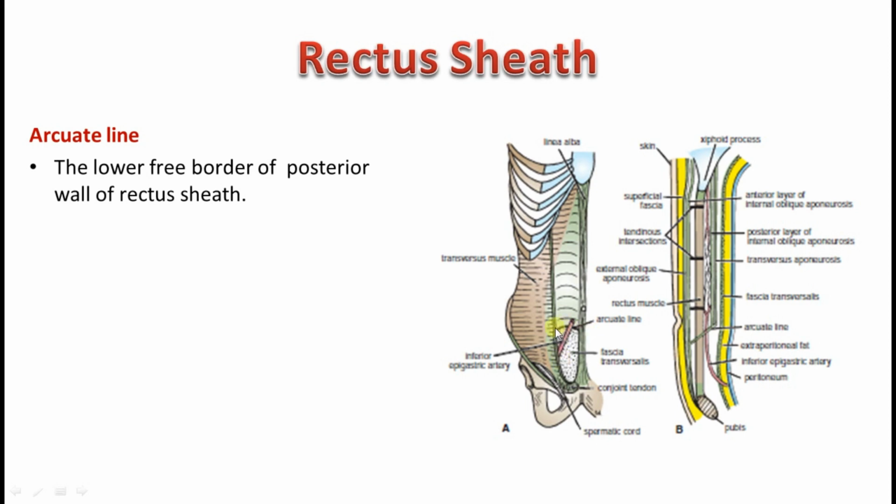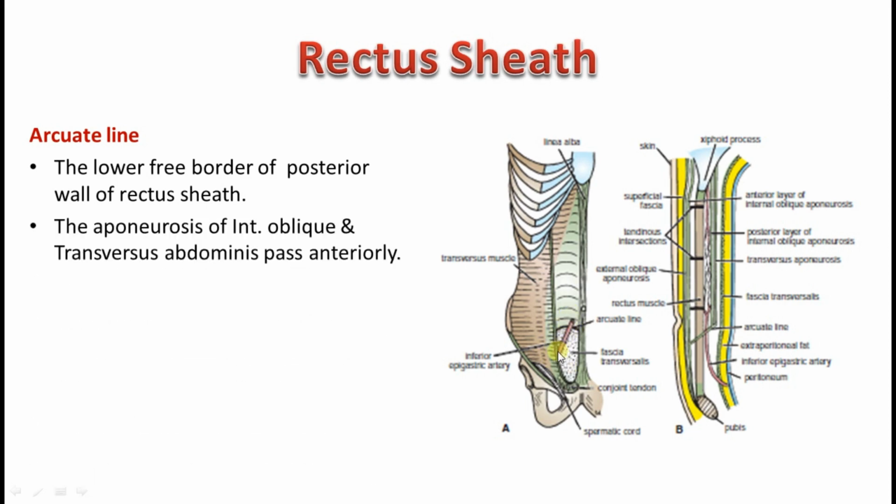This is actually your arcuate line, and it is crossed in front by the inferior epigastric artery. Okay, inferior epigastric artery. So both these aponeuroses pass anteriorly. You are able to see in a sagittal section this aponeurosis of the internal oblique, posterior lamella, and transverse abdominis at the level of the arcuate line.